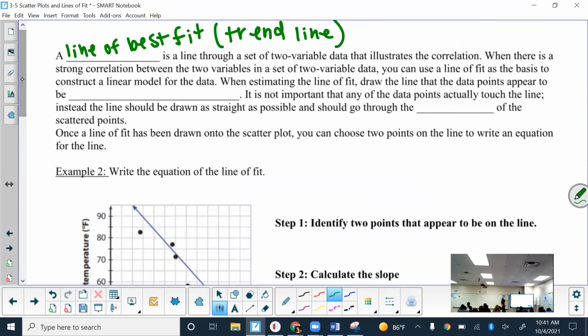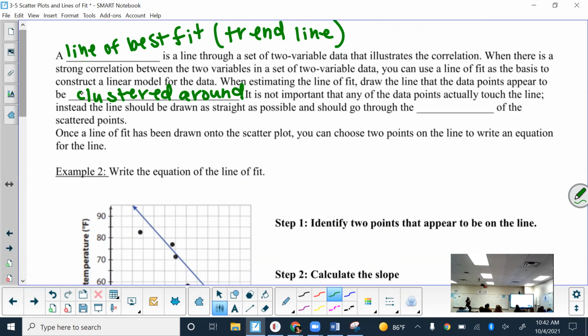So when estimating the line of fit, draw the line that the data points appear to be clustered around. So fill that in here. You're going to draw a line that the data points appear to be clustered around.